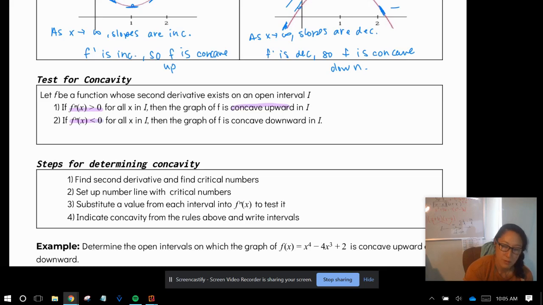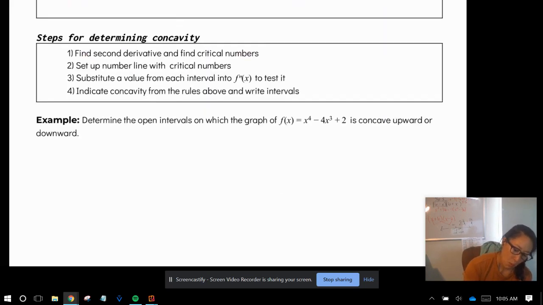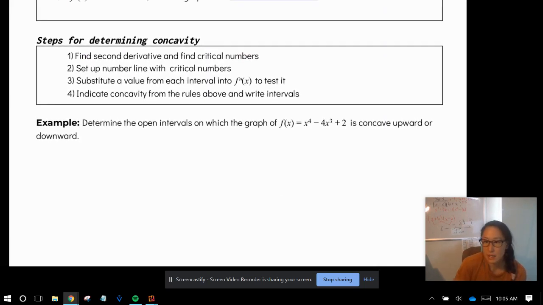If f double prime of x is less than 0, then we are concave down. The steps are basically like the first derivative test, except we use the second derivative, and what we find out is about the concavity of the original, not its increasing or decreasing intervals.